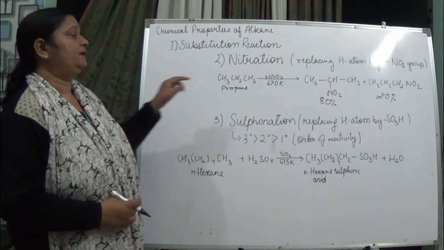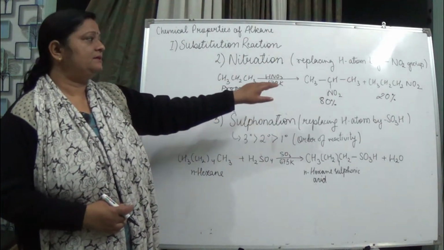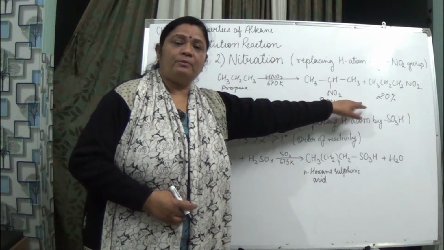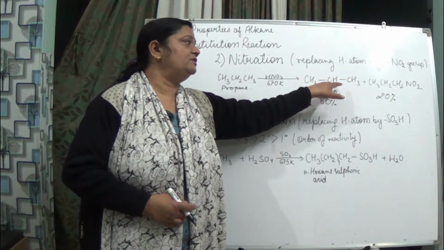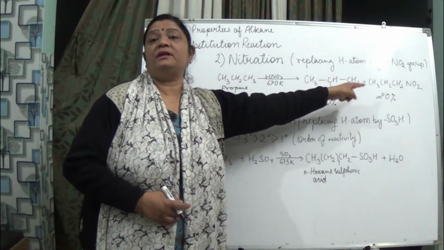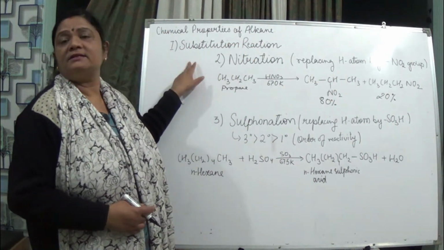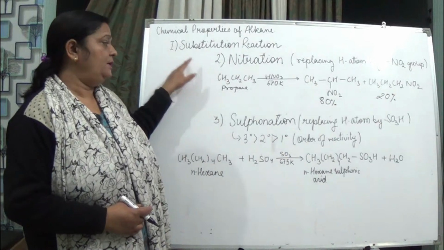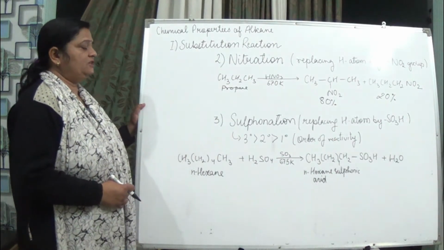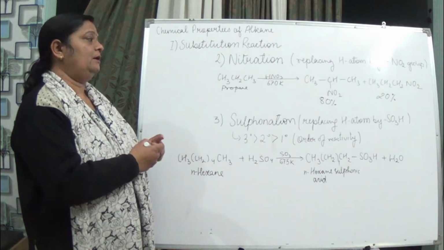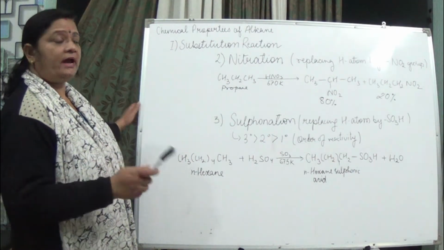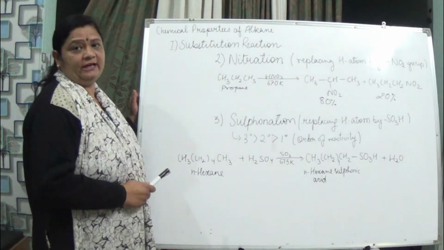This is nitropropane, and this is also nitropropane, one in 80%, one in 20%. Here this hydrogen has been replaced, there also hydrogen has been replaced, thus it is a substitution reaction. Now, sulfonation reaction. What happens in this sulfonation? It means here the hydrogen atom will be replaced by sulfonic acid.